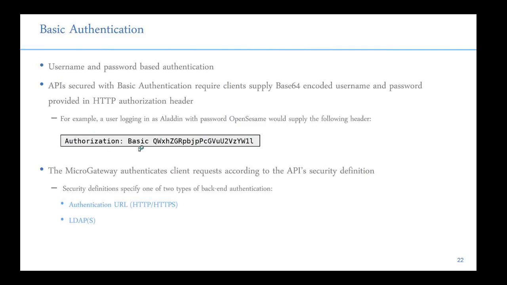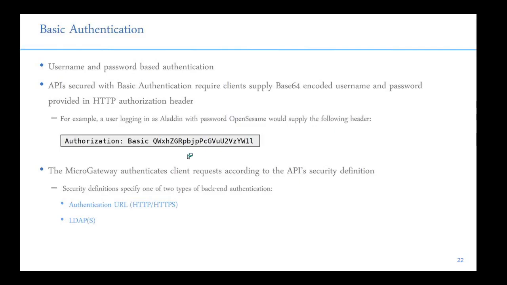It looks something like this, where authorization indicates that it's basic and then provides the base 64 encoding. I'm sure everyone here is probably aware of how this works, but it's worth mentioning that this doesn't actually provide any sort of secrecy, so it's always important to do this over TLS.